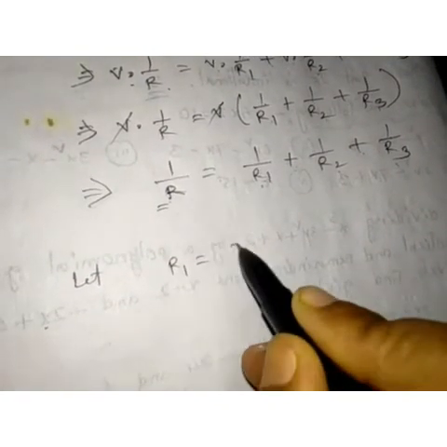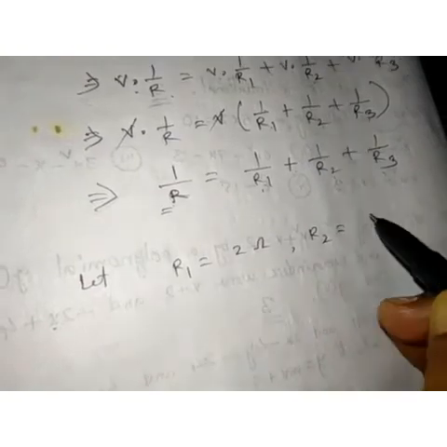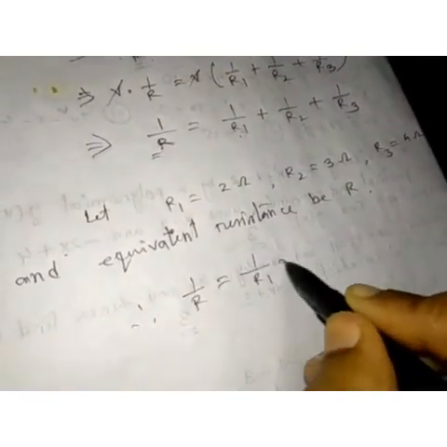Look, let R1 equal to 2 ohm, R2 equal to 3 ohm, R3 equal to 4 ohm, and let the equivalent resistance be R. Then 1 by R equal to 1 by R1 plus 1 by R2 plus 1 by R3.